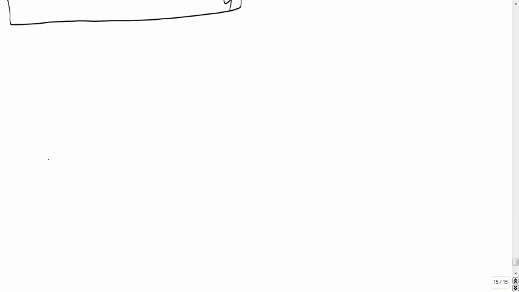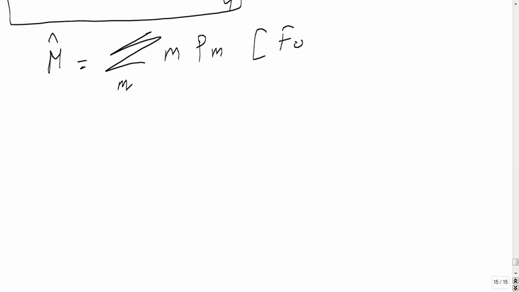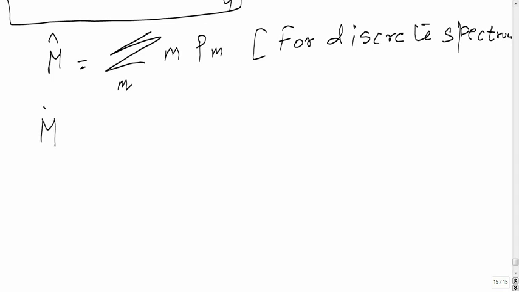You also know that any normal operator can be written as a linear combination of projection operators. Any normal operator m hat can be written as a linear combination, which is the result of the spectral theorem. This is for an operator which has a discrete spectrum, that is, has non-continuous discrete eigenvalues, and m hat for a continuous spectrum is just an integral with dpm.